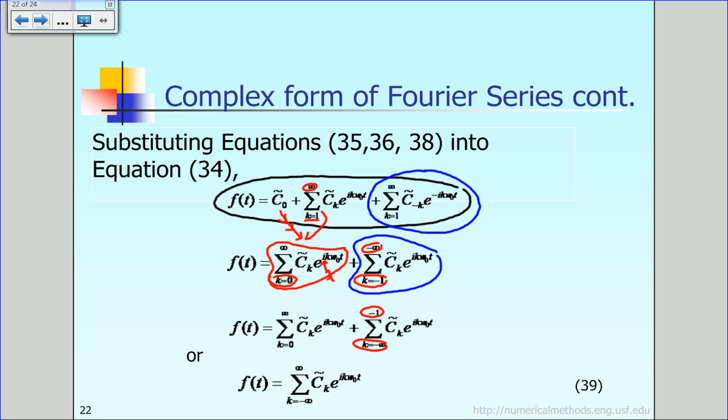You can say this term is the same thing as saying summation k goes from 1 to infinity of C tilde minus k e to the minus i k omega naught t. That term is right there.